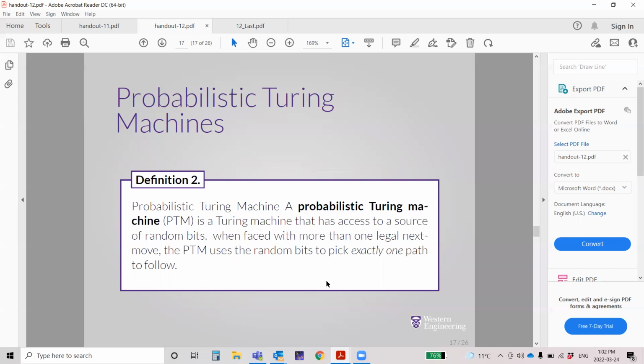When faced with more than one legal next move, the PTM uses the random bit to pick exactly one path to follow, trying to minimize the number of paths to follow. But will I reach a decision at the end? Might not. It's by chance. So I'm still depending on chance, probability.